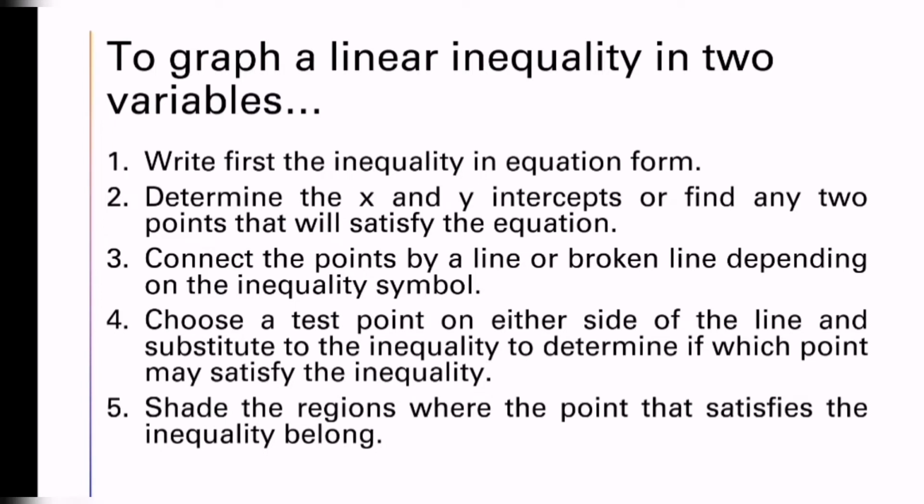Step 4, choose a test point on either side of the line and substitute to the inequality to determine which point satisfies the inequality. And the 5th step is shade the region where the point that satisfies the inequality belongs. So masyado mahaba, isa-isahin natin.